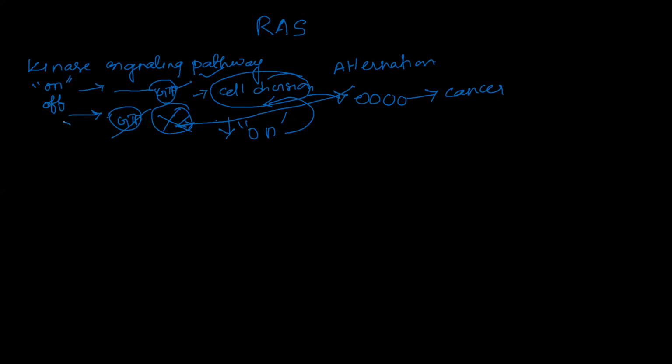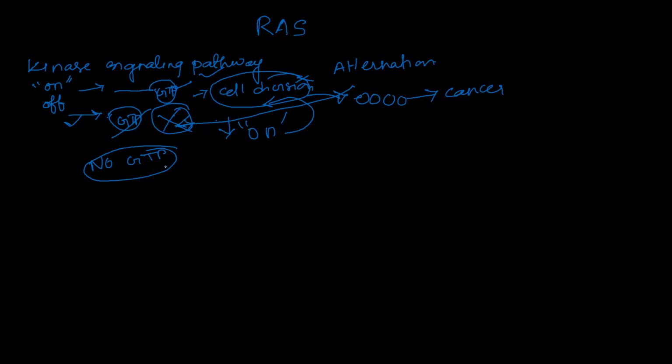But when it needs to stop, this RAS protein will break the GTP, and then the whole process of cell division will be stopped. But if there is any change or alteration in the gene, the GTP does not break.